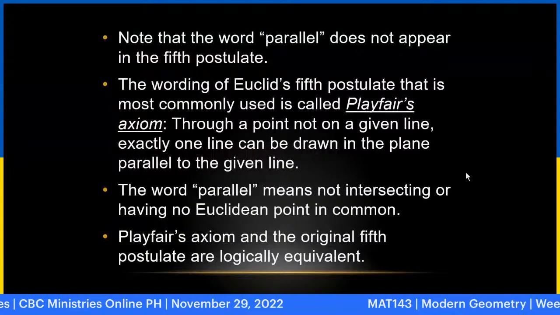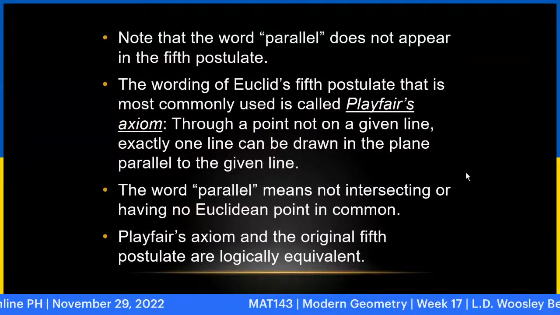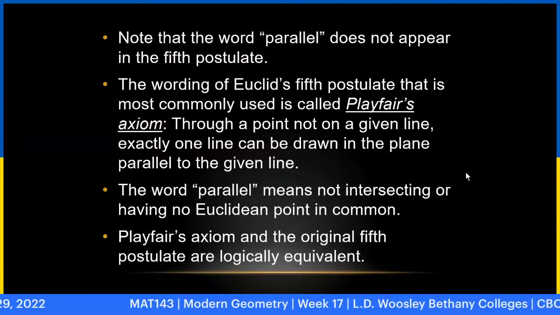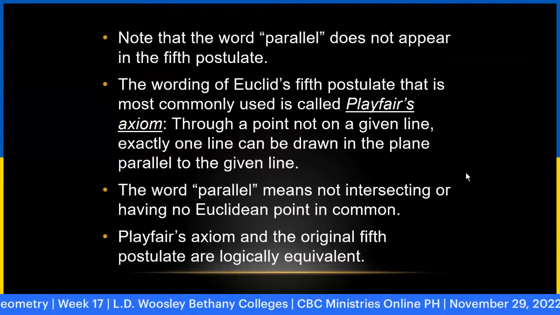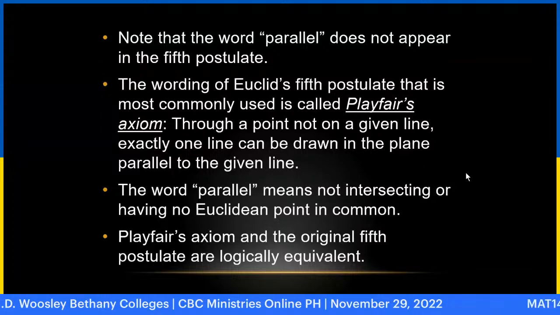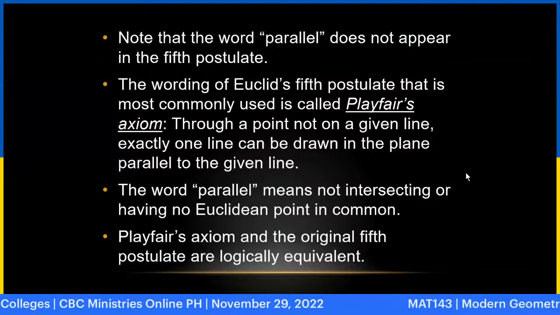No, the word parallel does not appear in the fifth postulate. So the original wordings of Euclid do not say parallel. Actually, it's just a modern equivalency of the fifth postulate.